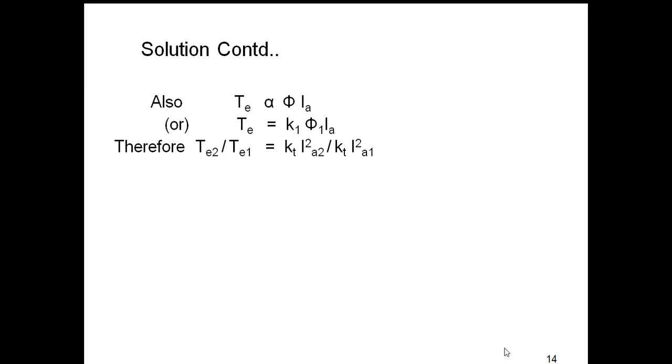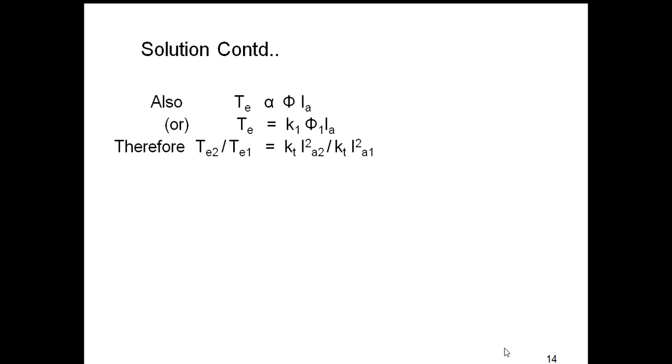Since the flux phi is directly proportional to Ia, we can write phi 1 is equal to Ia.